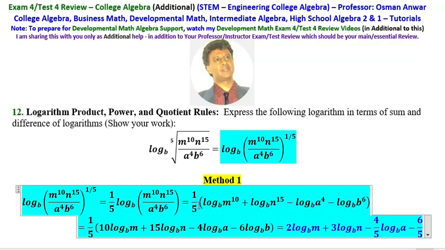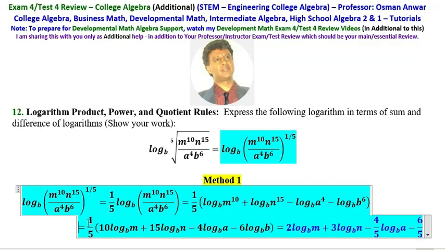Then this is equal to 1 over 5 open parenthesis log base b of m to the 10 plus log base b of n to the 15 minus log base b of a to the 4 minus log base b of b to the 6. So what is in the numerator are plus, the ones in the denominator are minus.